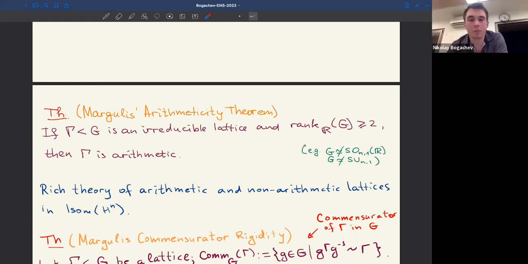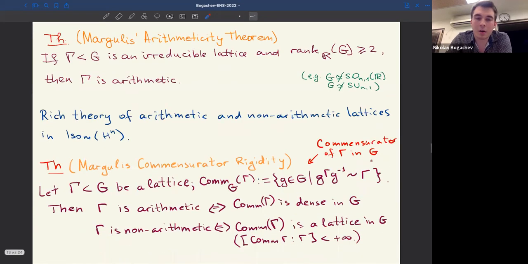So more precisely, G shouldn't be isogenous to SO(n,1)(R) or SU(n,1). The first corresponds to the isometry group of the real hyperbolic space, and the second corresponds to the isometry group of the complex hyperbolic space. In all other settings, Margulis arithmeticity theorem holds.